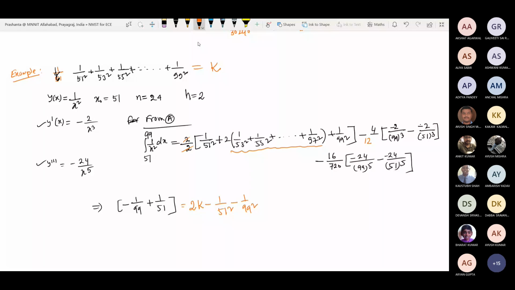And then you simplify how much you are getting. Use a calculator and tell me what the values are. What are these circled values? The 4 by 12 term, and the minus 16 by 720 term. So tell me the approximate values for those.